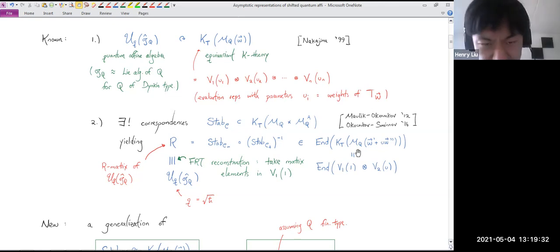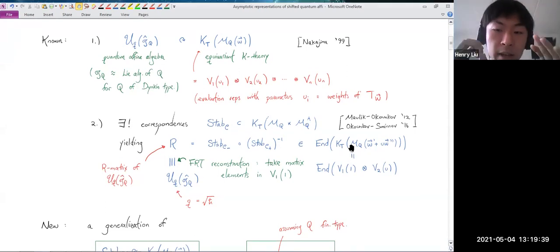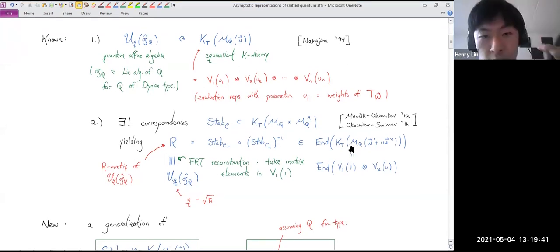And the way you should think about this is that we'll take a Nakajima quiver variety and we'll pick the framing to split into two parts. One part will be acted on by something trivial, and the other part will be acted on by some weight u. And what will happen to the K-theory is it will also split as the tensor product of two of these evaluation representations.